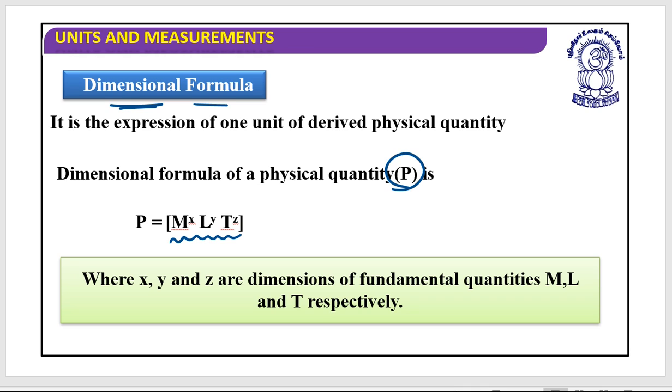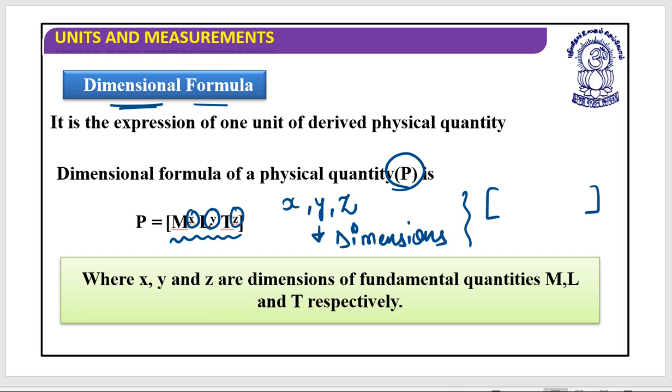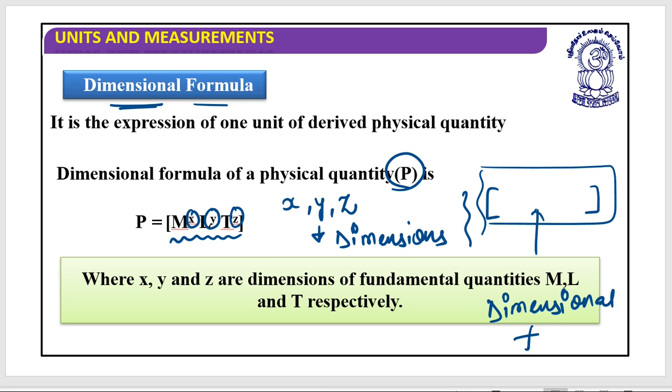Now this x, y and z are the dimensions of that physical quantity. And when we write this in a bracket, this complete bracket represents the dimensional formula of this quantity.